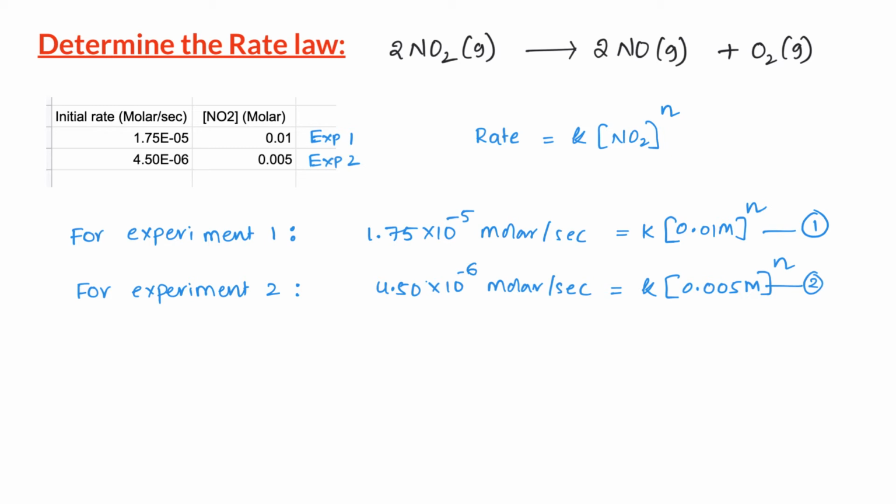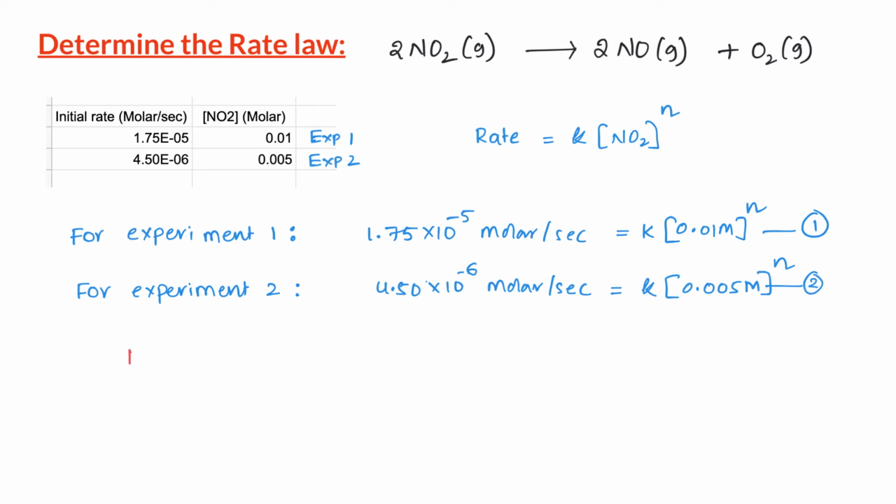Let us divide one of the equations by the other. Mathematically, it would be easier if we put the equation with the biggest rate in the numerator. In this case, equation 1 has the higher rate.